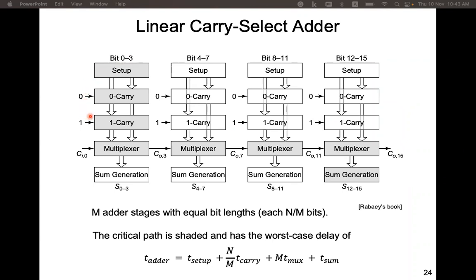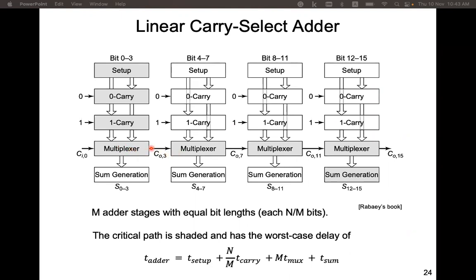The first stage needs to set up, and these 2 rows perform calculations at the same time. And then there's a delay generated in this multiplexer.